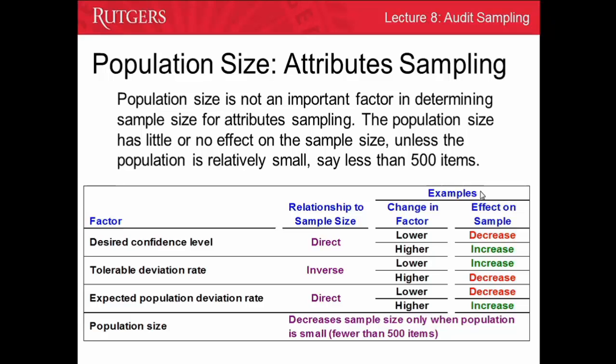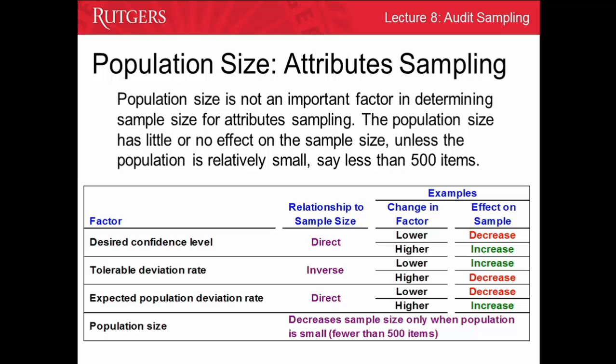In fact, so long as the population is made up of similar items under the same system of controls, it doesn't matter if the population is 10,000 items, 1 million items, 100 million items or more. The sample size is the same. Actually, in ACL, it completely ignores the effects of population size when computing sample size for attribute sampling.